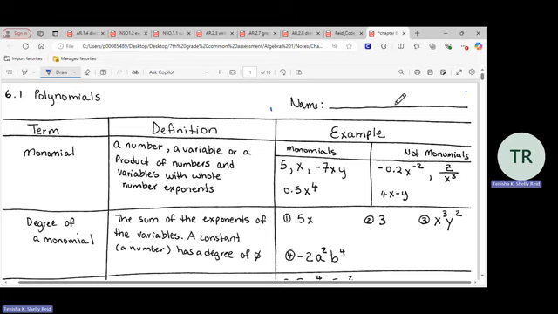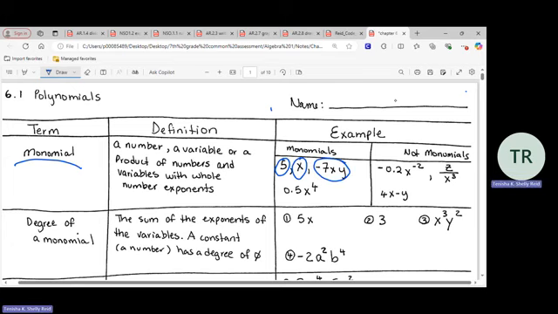All right, so a monomial, first off, is a number, a variable, or a product of numbers and variables with whole number exponents. So if we look at these examples, 5 is a monomial. It's a number all by itself. X is a monomial.